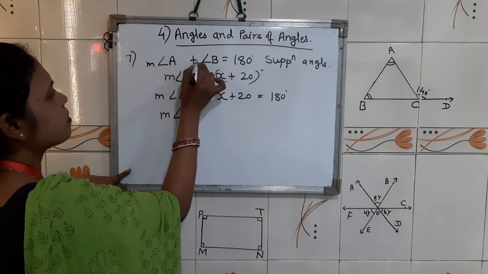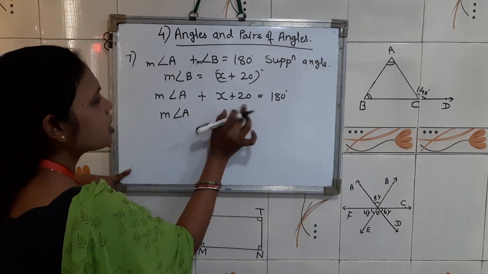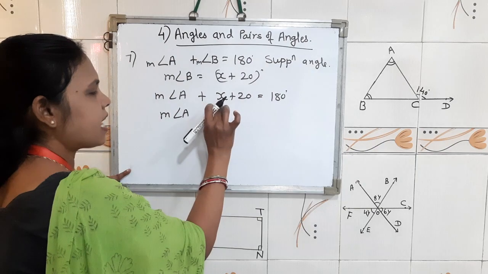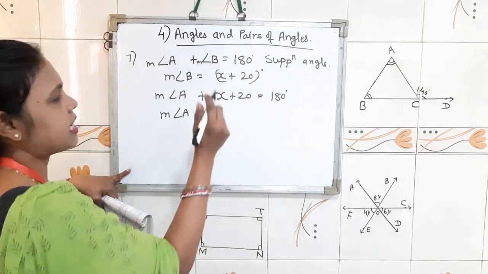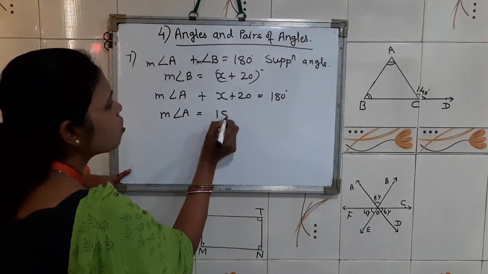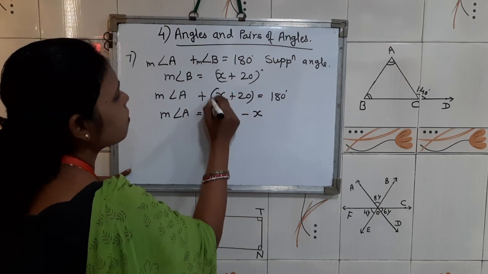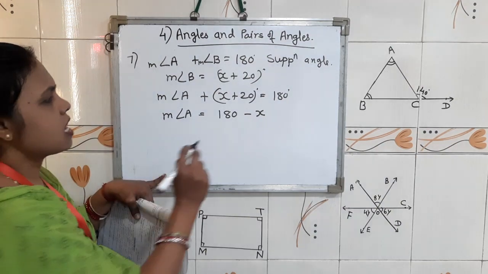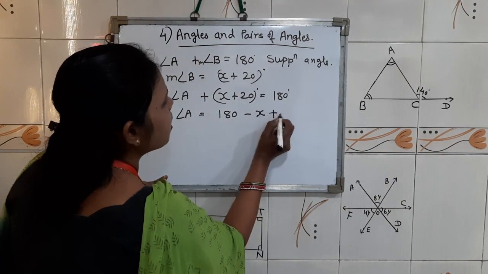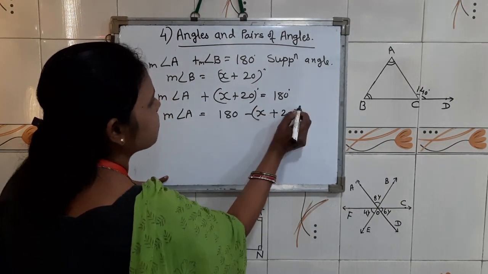Here write down the measurement. Then this 20 and x we will take on the right hand side, equal to 180 minus x. If you want, put in bracket x plus 20 degree.